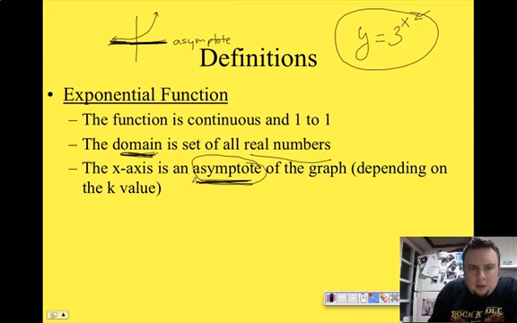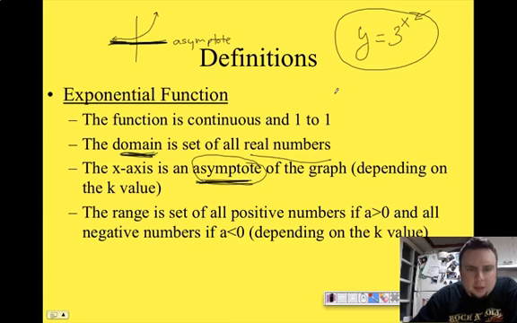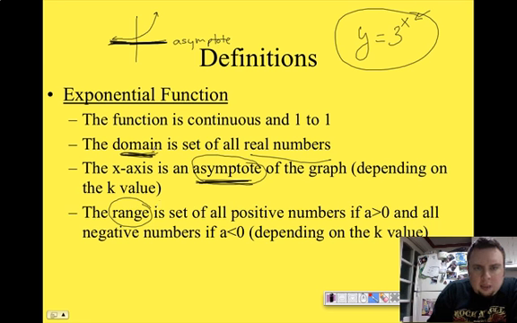Okay? So the x-axis is an asymptote of the graph, depending on the k value, which we'll get to in a second. The range, so one was domain, up here, all real numbers, easy, but the range will vary. In this case, what do you think the range is right here? What are all the y values?